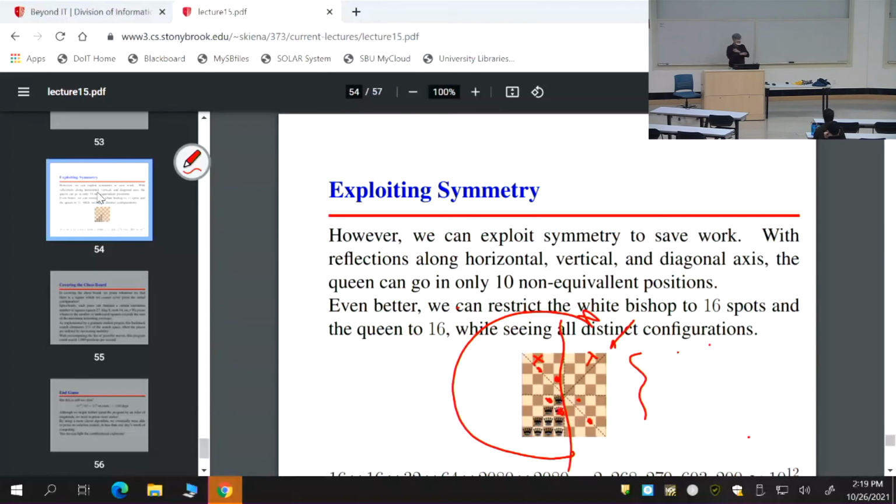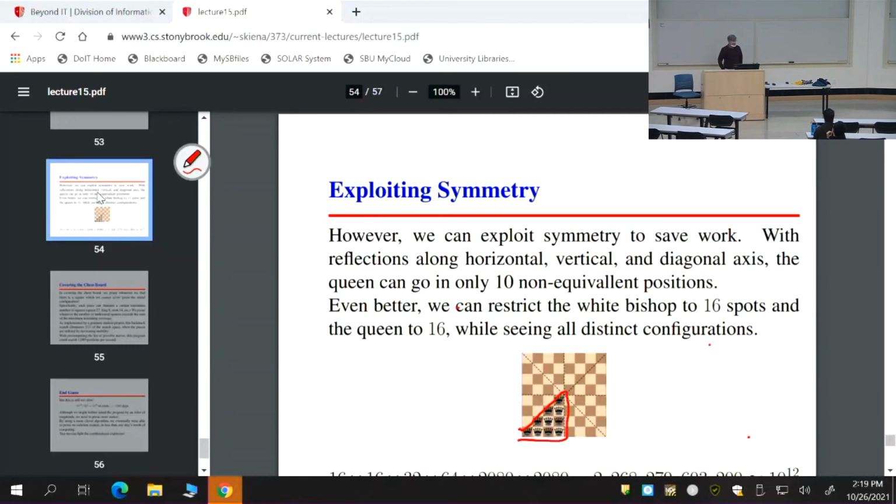If I find one, I know that I can construct others by these reflections. How can I avoid searching all of those symmetries? What if I take a piece that was unique on the board, like let's say the king, it could be the queen, it could be the king, and I limit the queen to these squares?